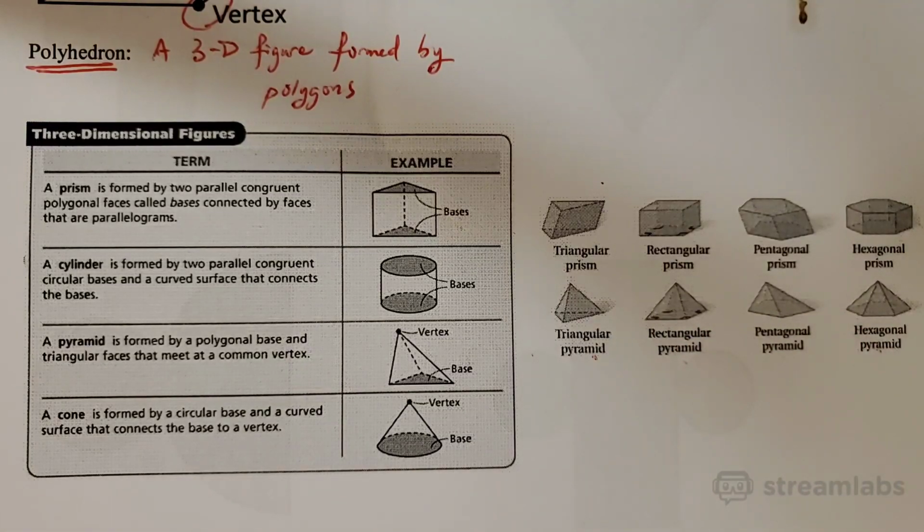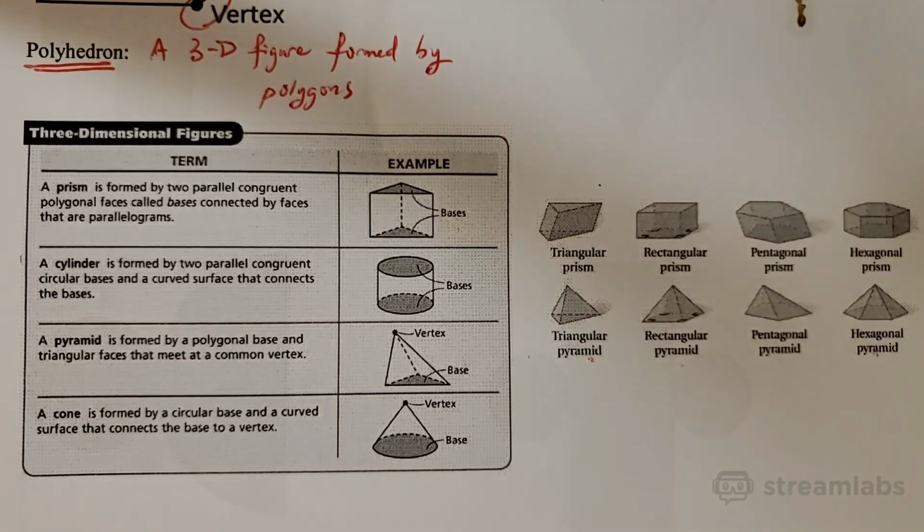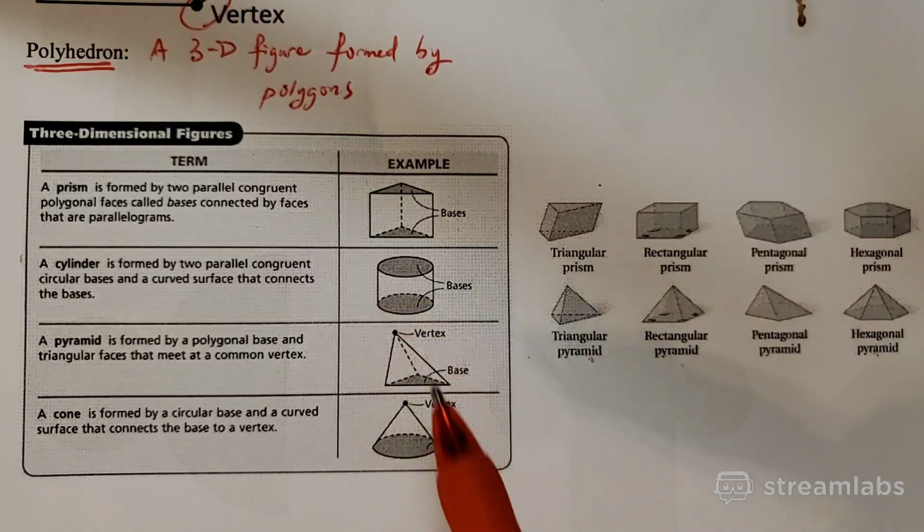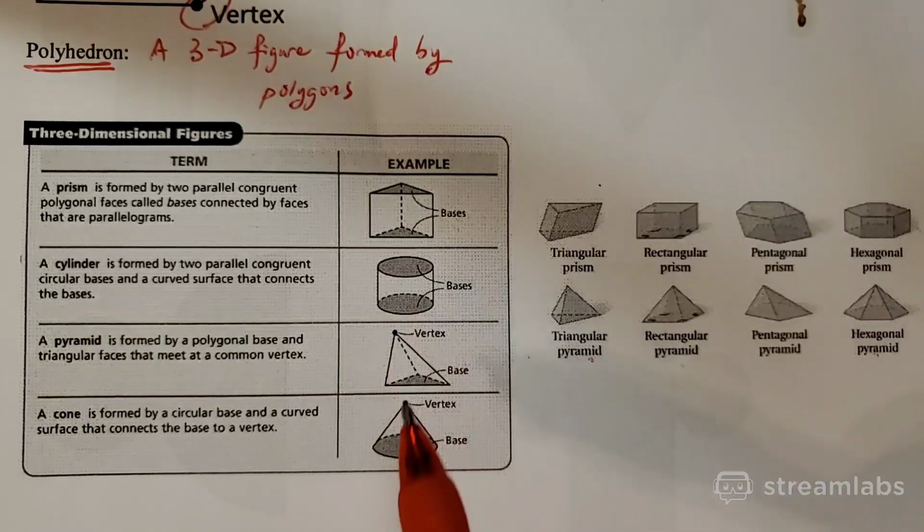Okay? So far so good? Now, if you have circular base, then you change your name. But fundamentally, they're the same thing in terms of volume, area, all that stuff. But if you change it to circular, then we call it a cylinder and a cone.